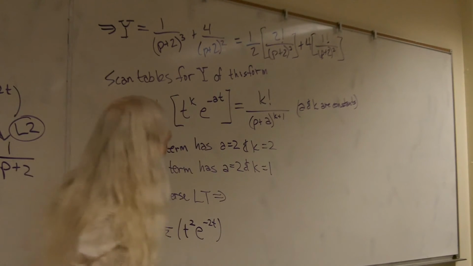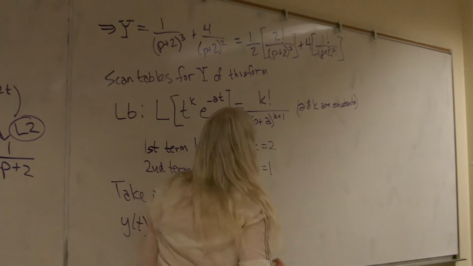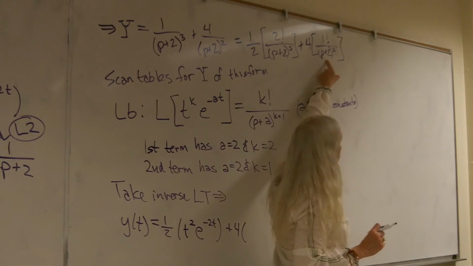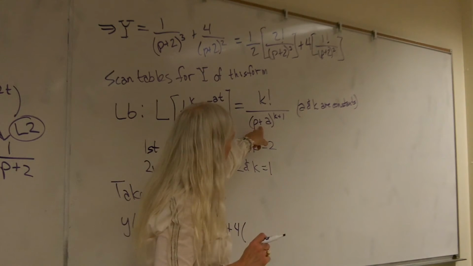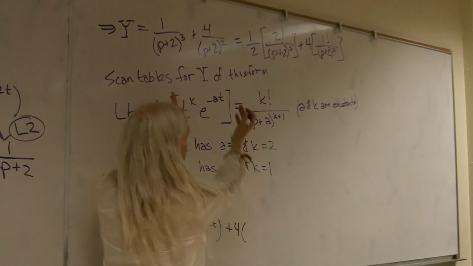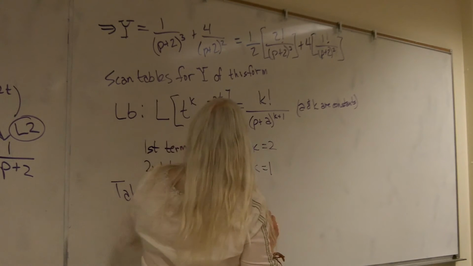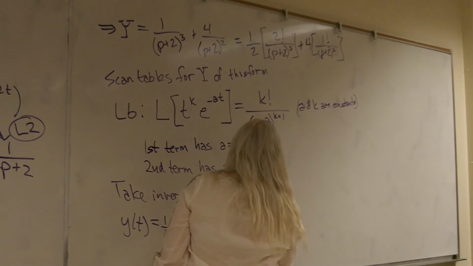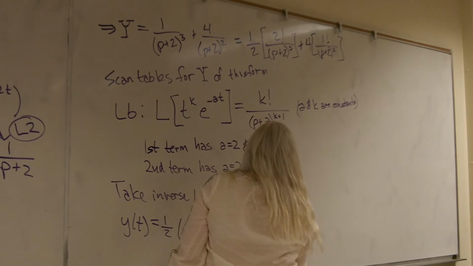And then from the second term, we have 4 times the inverse Laplace transform of the quantity in the square brackets right there, which again looks like this with a equals 2, k equals 1. So the inverse Laplace transform will be this with a equals 2 and k equals 1. So there's a t to the first power times an e to the minus 2t.